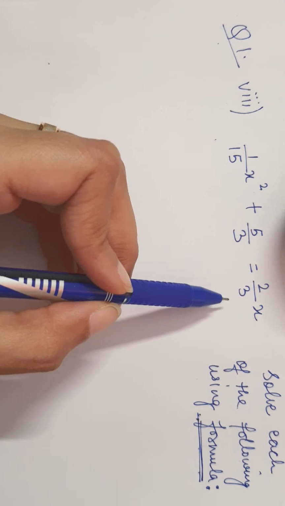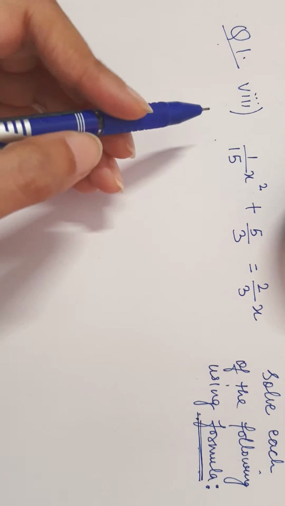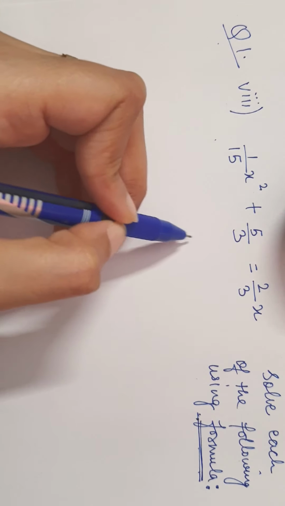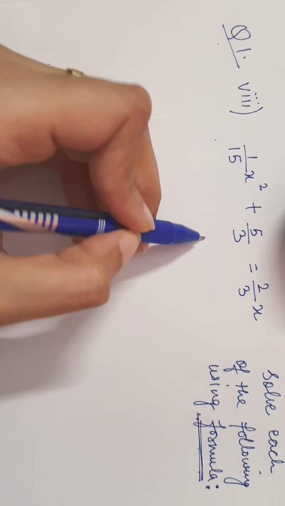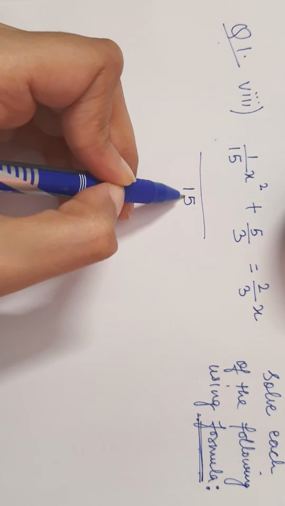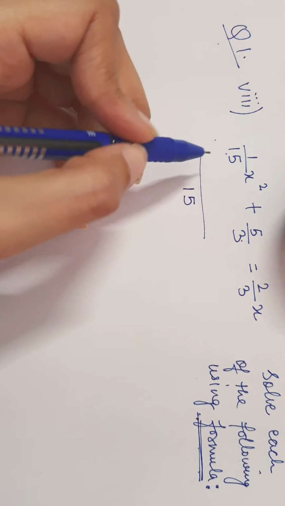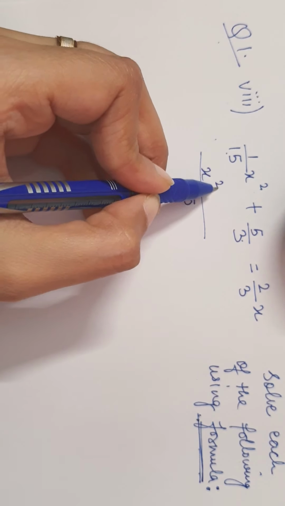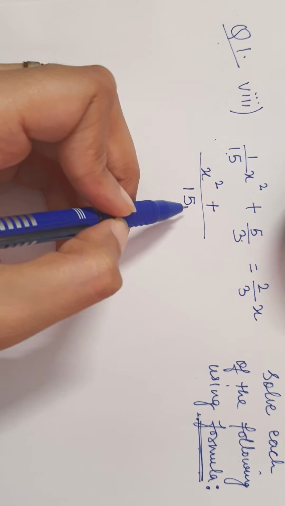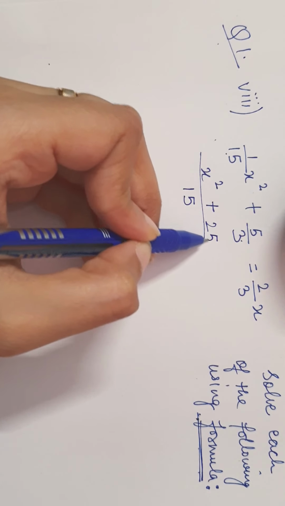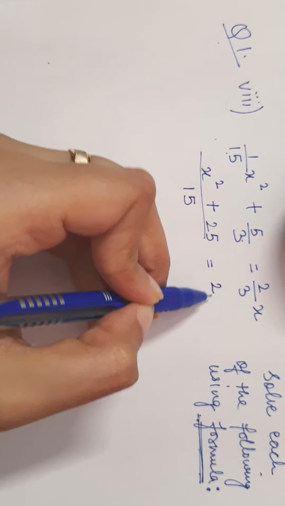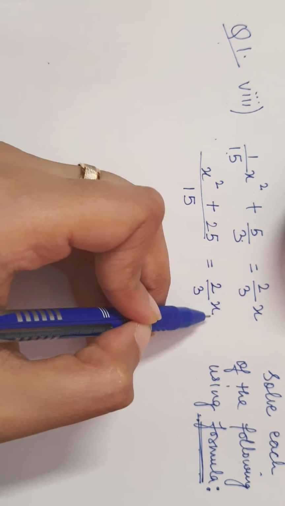So step number 1, let's convert it into the standard form. Finding the LCM is the best way, I think. 15 will be the LCM of 15 and 3. In the numerator, here it will be x squared and 25, 2 by 3 x.